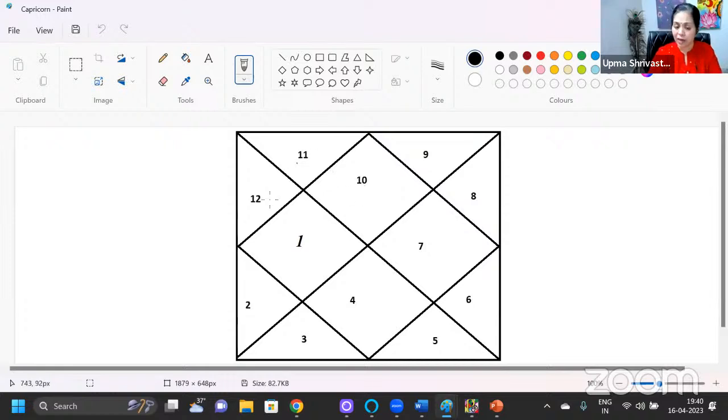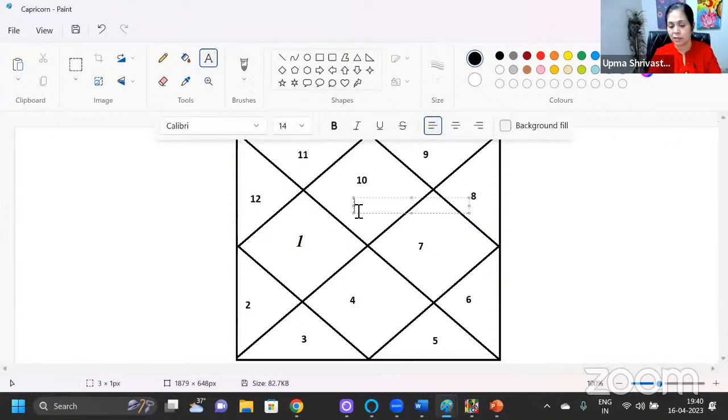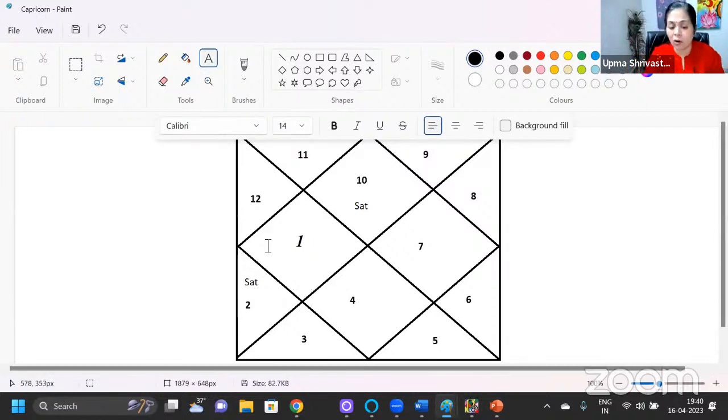And in other houses, whatever planets are placed. Let's say it is number 10, Capricorn. Now Saturn can be placed here in the first house, or anywhere. Let's say if Saturn is placed here, then we will say the ascendant lord is placed in the 5th house.